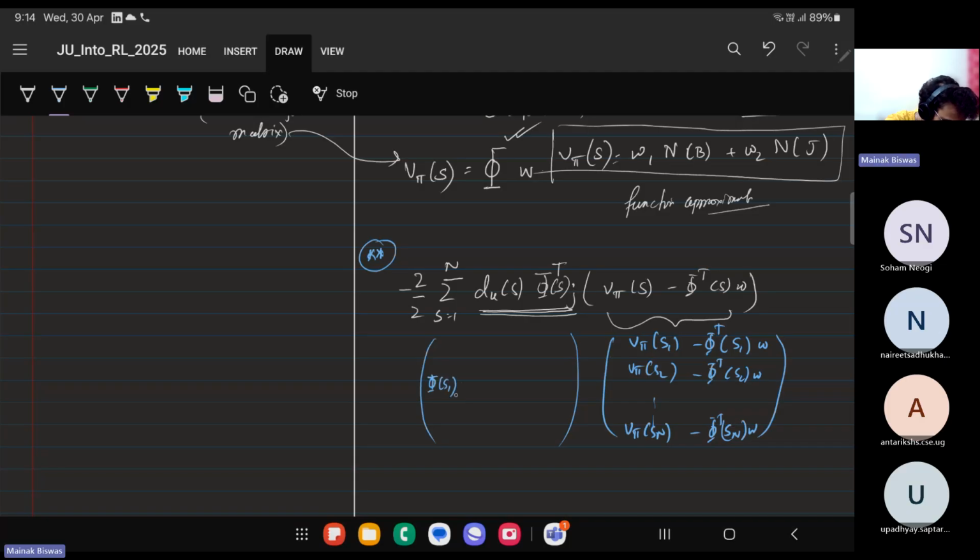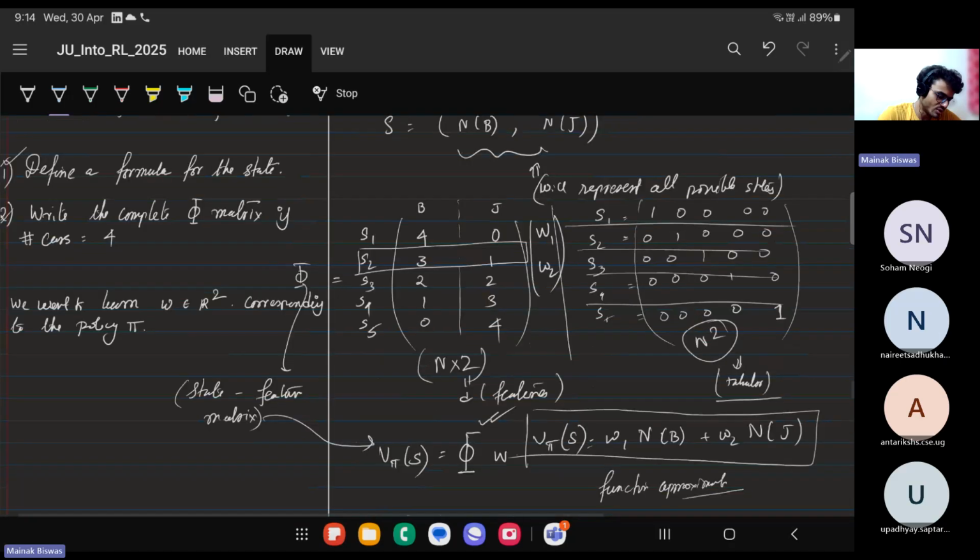In the same way, I'm writing the same equation: phi S1 dot dot dot phi Sn into d pi of S1 through d pi of Sn. Correct? Over the same coordinate.